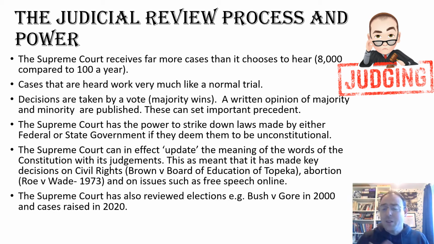And this power of judicial review means that the Supreme Court has made some really important decisions on things like civil rights, with Brown versus Board of Education of Topeka, and abortion with Roe versus Wade in 1973, and on other issues such as free speech online, because obviously the Constitution doesn't talk about what you can do on the internet.